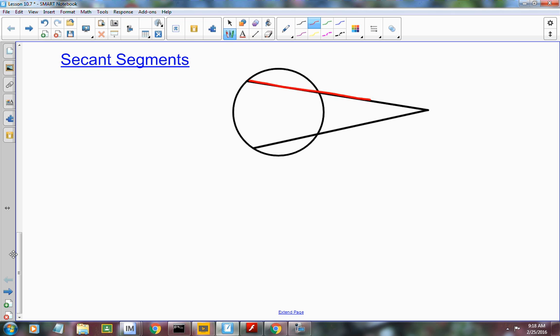This right here would be the entire secant segment, okay?